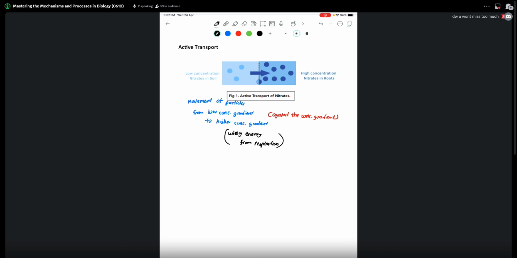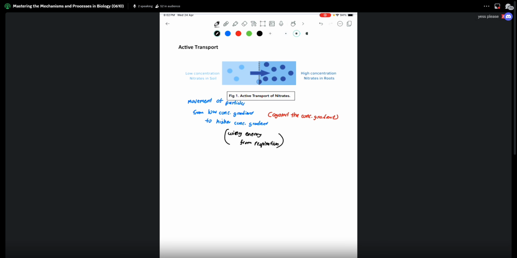gradient. So that is why active transport is so useful in a lot of our mechanisms, including in plants. When roots start to absorb nutrients, they undergo this active transport, and they can absorb these nutrients when they are in need or scarce in resource. So this is how active transport works.